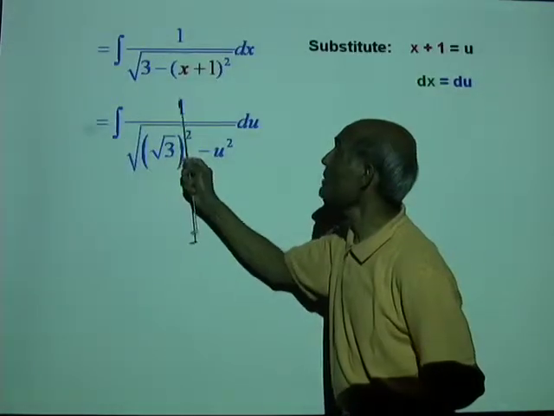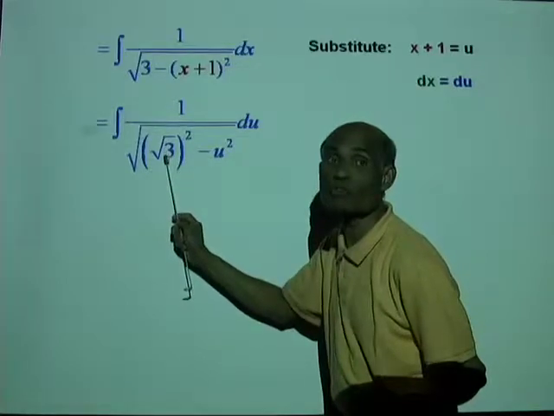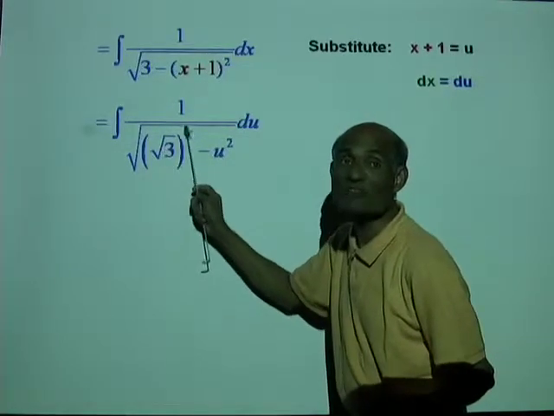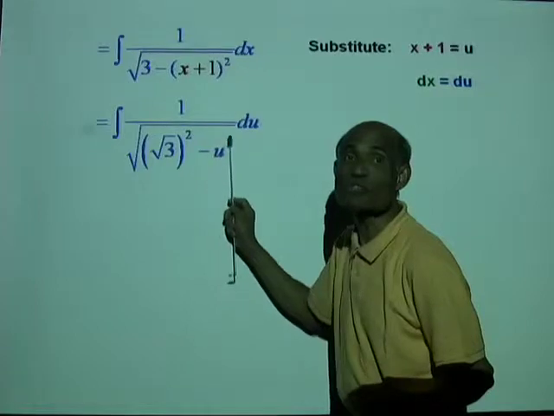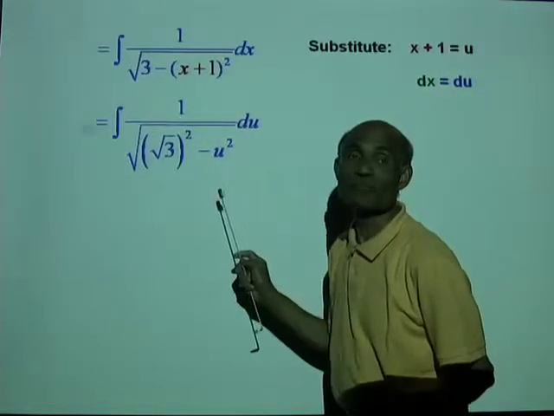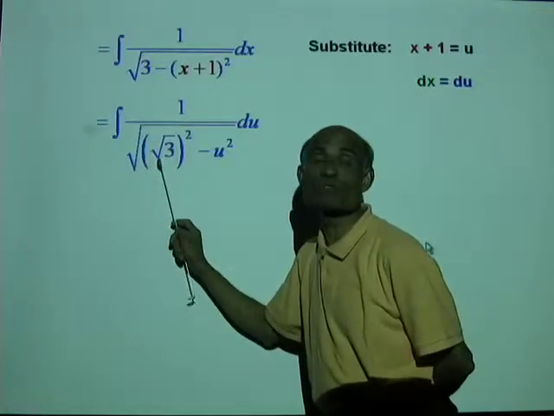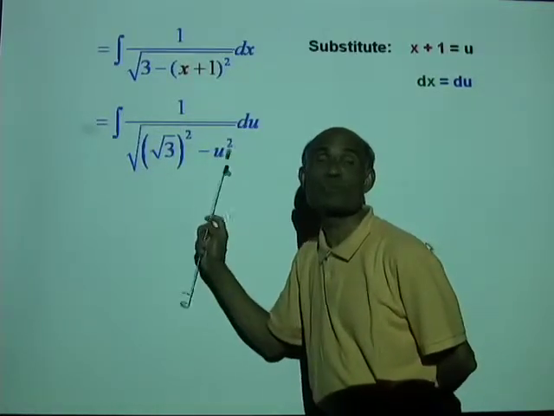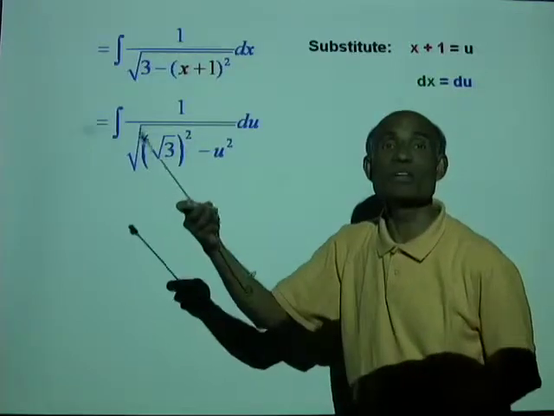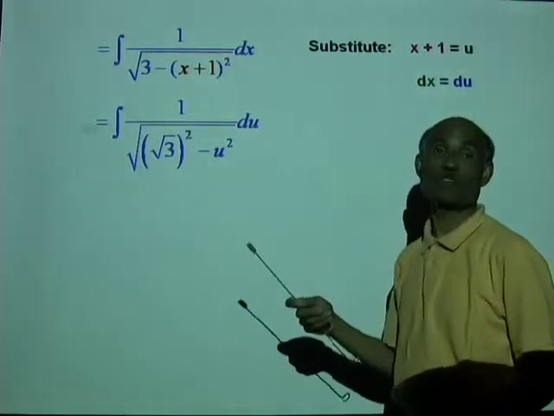That will be integral 1 over square root 3 all squared, a squared minus u squared du, and integral 1 over square root a squared minus u squared is arc sine u over a plus c.